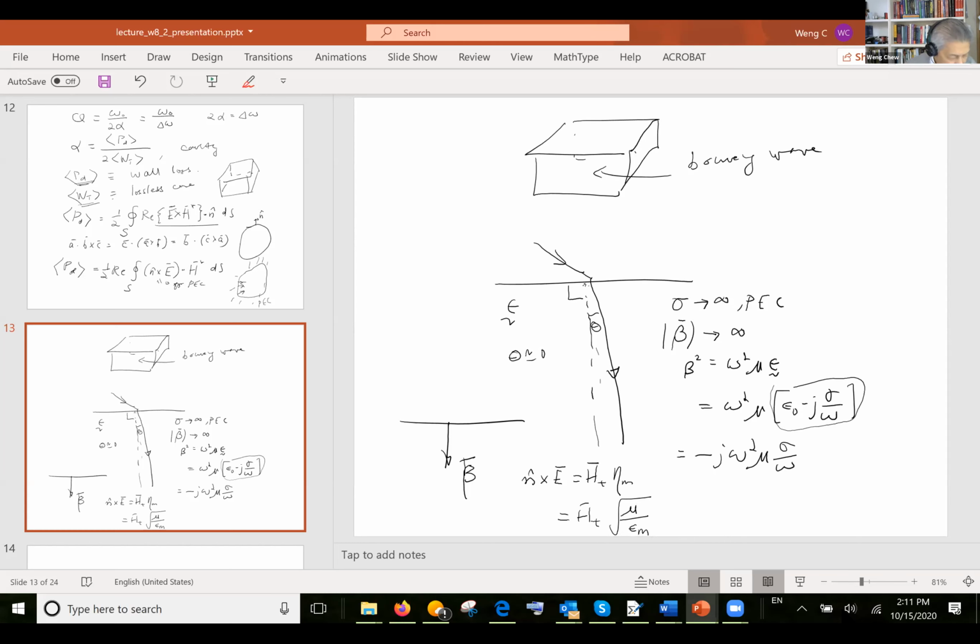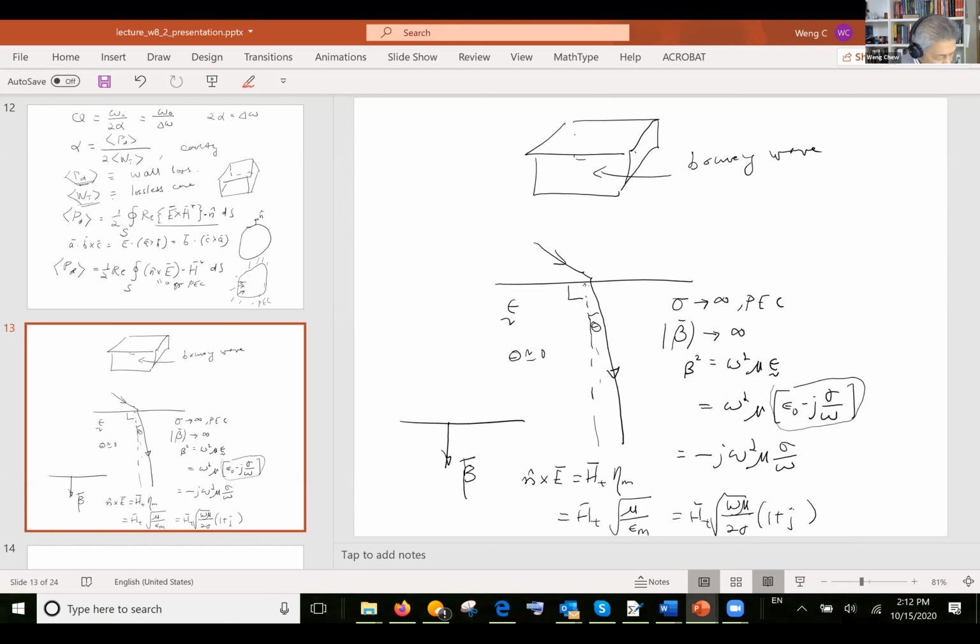If you look into this, you find that n cross E is H_T times, with the approximation that sigma is very large, something that looks like omega mu over 2 sigma, and then 1 plus j. If you plug this in and assume that sigma is very large, you get this approximation, which means that n cross E becomes very small when sigma becomes very large.